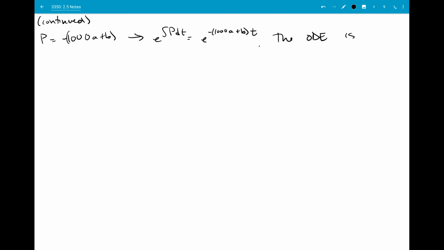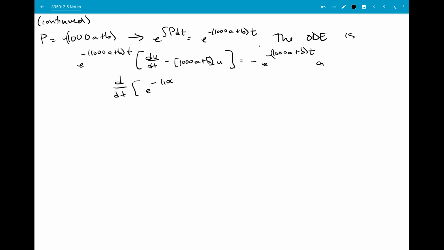And so the ODE ends up being e to the minus (1000a plus b) t times (du/dt minus (1000a plus b) times u) equal to minus e to the minus (1000a plus b) t times a, or d/dt of e to the minus (1000a plus b) t times u equal to minus e to the minus (1000a plus b) t times a. That's just our linear equation approach, and then we integrate both sides.